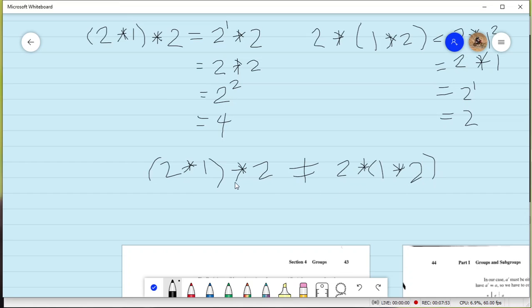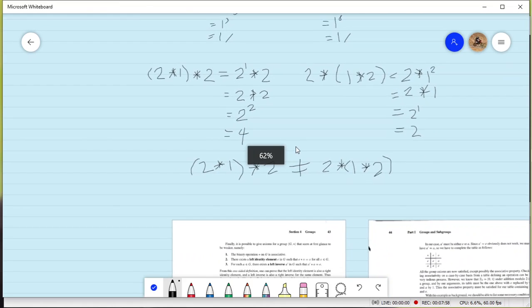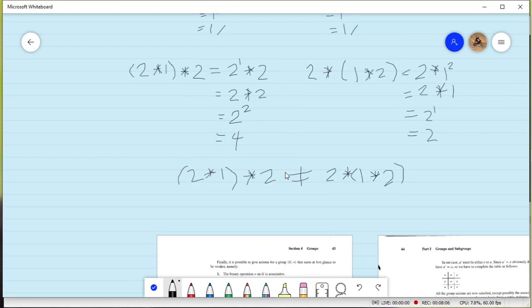So we see a case wherein the operation is not associative. In other words, the associativity does not hold for all positive integers, just like what is illustrated here. So from this example, we can conclude, therefore, the operation asterisk is not associative.